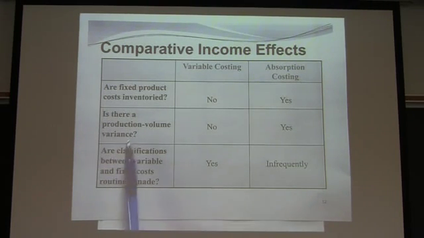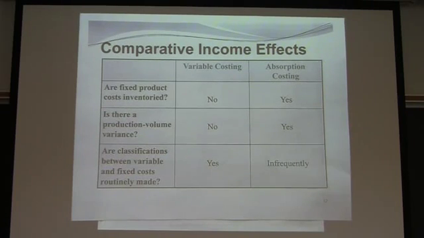Now, is there a product volume variance? And the answer is no for variable costing, but yes for absorption costing. Because remember, when we measure the amount of fixed costs allocated to the product, we base it on an expected volume of production. And if we produce more than what we expected, we're going to over-allocate the fixed cost to both inventory and cost of goods sold.